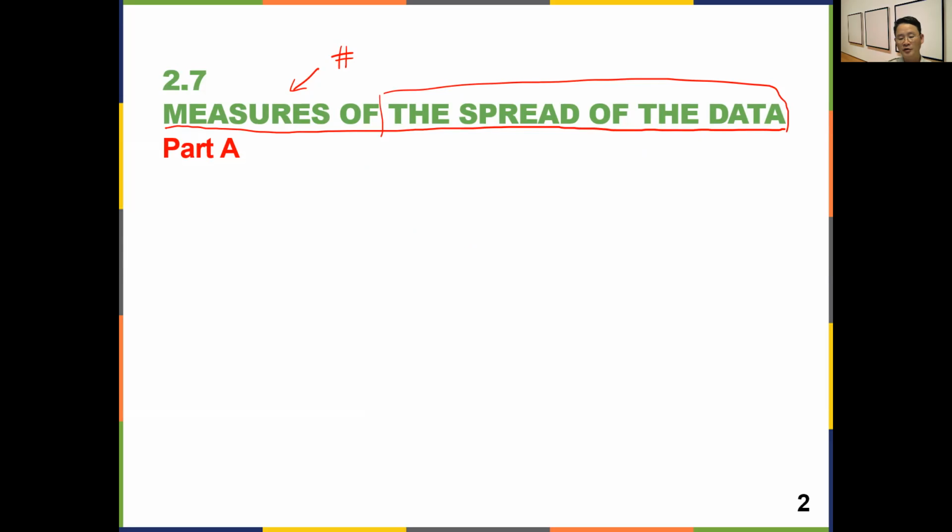So what they're trying to do is this. Sometimes when you have a bunch of data, those data are very closely located to each other. They're not that far apart. Sometimes you have data that's really spread out, really far apart from each other, right? But it's not really precise.